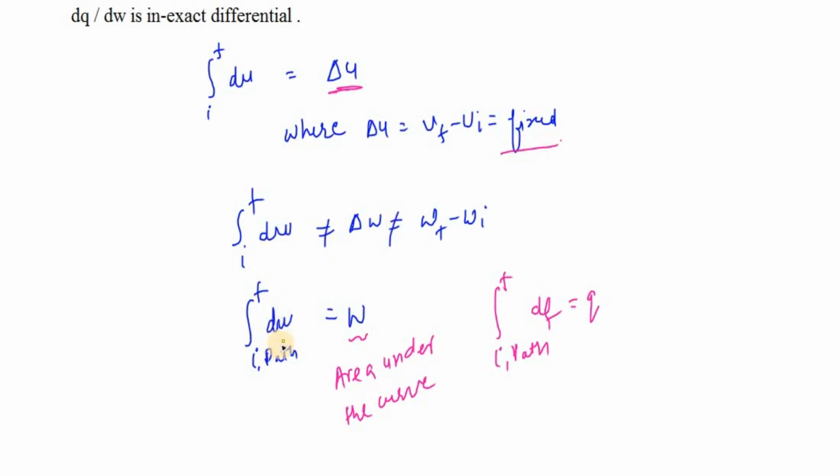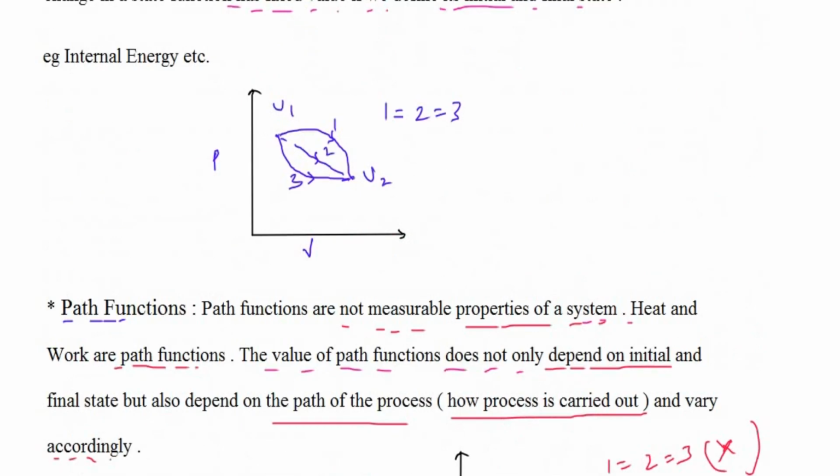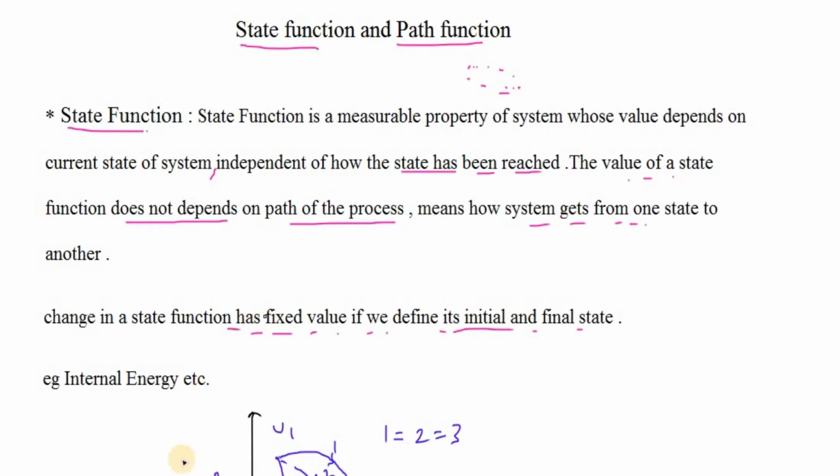But whenever we integrate dW, it will not be a fixed value, because it depends on the path taken by the function. Whether we see work or heat, we will not get a fixed value; we will get a different value because it depends on the path. So that's how we see different types of functions in thermodynamics.